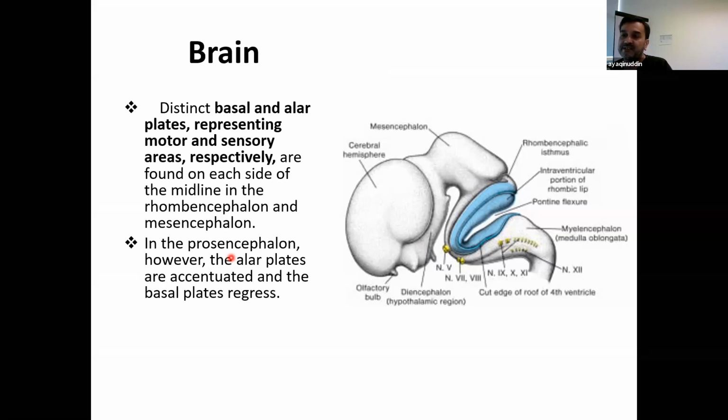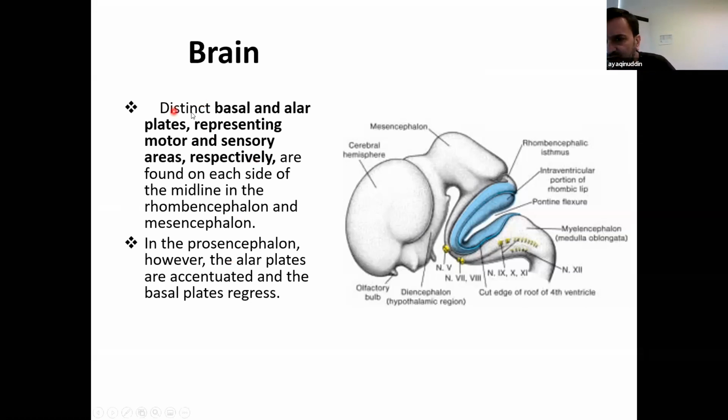Now, in the brainstem, this arrangement changes, and the basal plates, which were lying in front, come to the center, while the alar plates go to the sides. So laterally located are the alar plates, medially located are the basal plates. The basal plates are going to give rise to the motor neurons, and the alar plates are going to give rise to the sensory neurons.